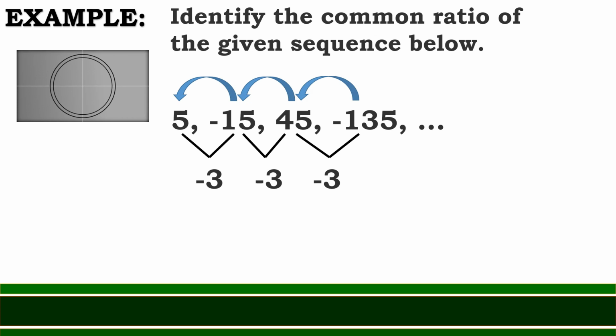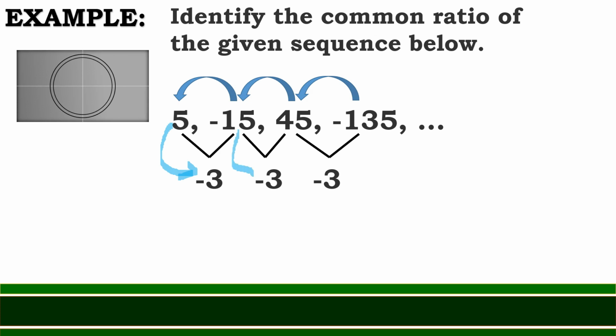Okay. So, try naman natin baliktarin yung process. Check natin kung tama ba yung ginawa natin. 5 times negative 3 is negative 15.